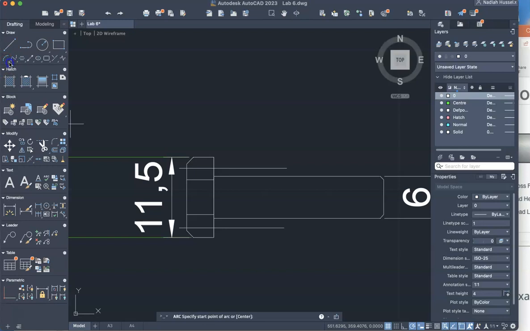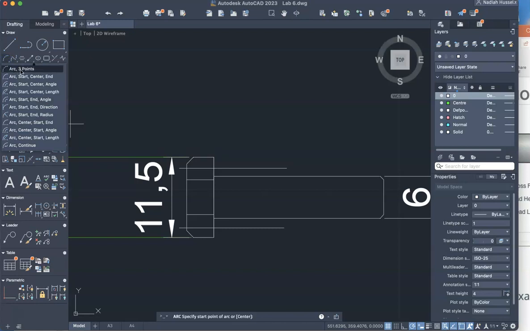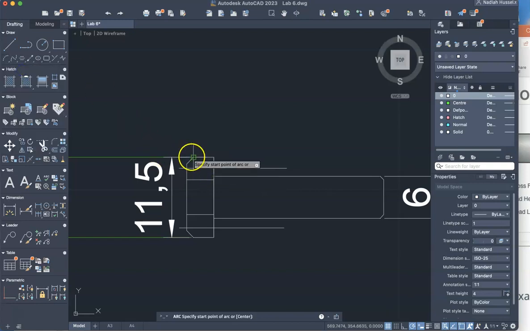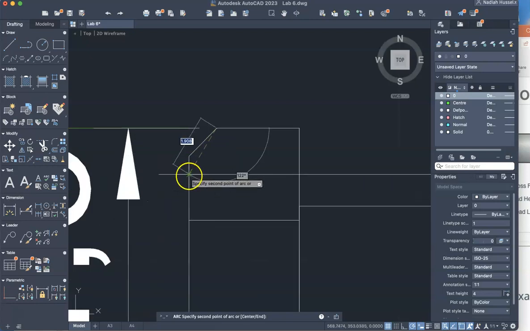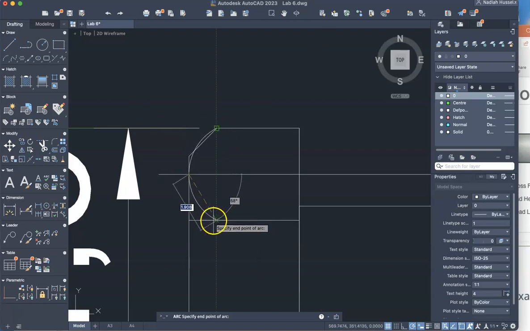We know that arcs have different variations. So here I want to use the 3-point arc, and I'm going to specify here as my first point, and then this is going to be my second point, and I want this to be aligned. It's going to be my third point.